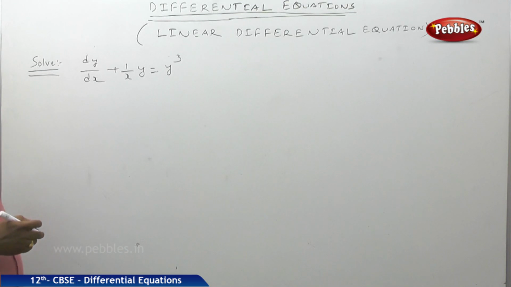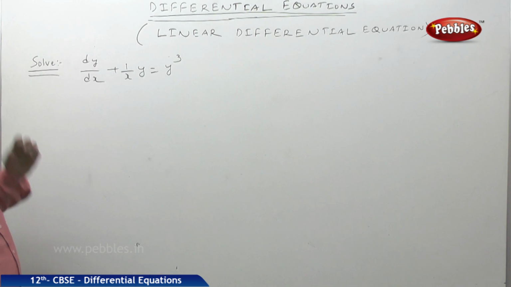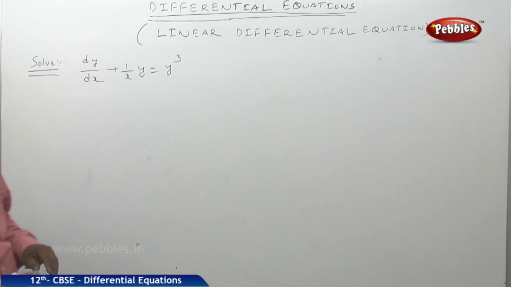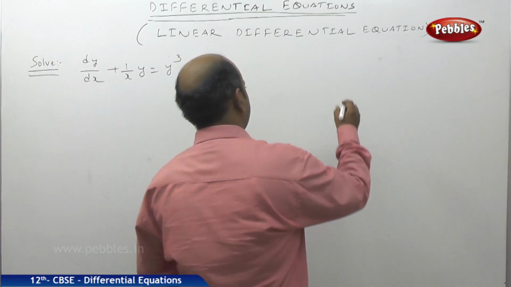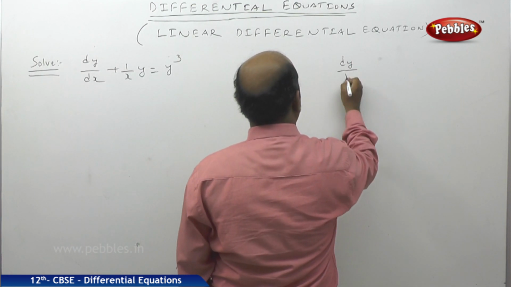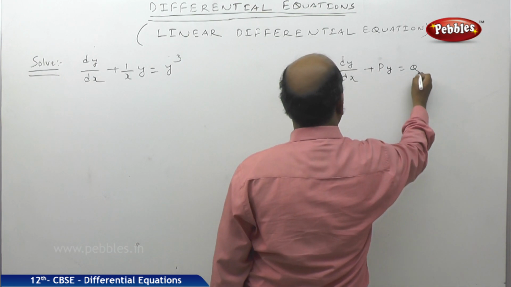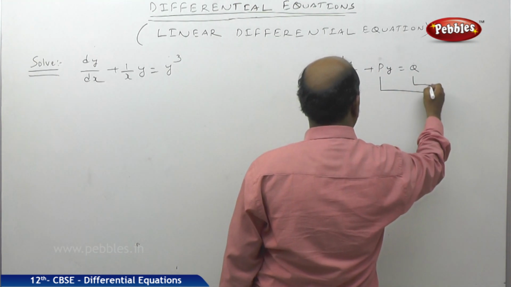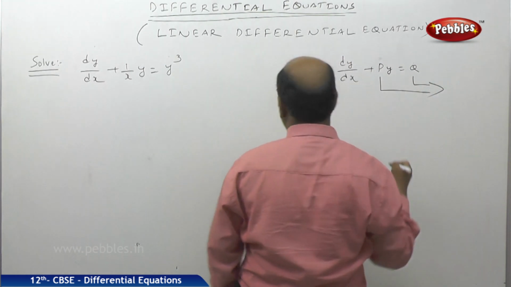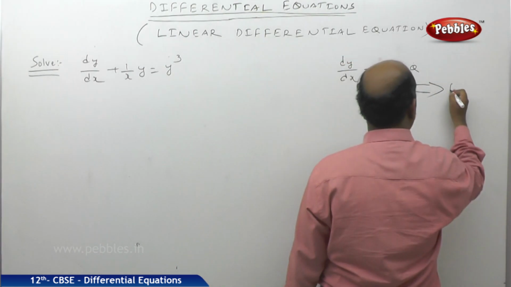Right, in continuation with our previous class, we are going to solve a topic called linear differential equation. A problem is given to us: dy/dx + (1/x)y = y³. Generally, a linear differential equation will be of the form dy/dx + Py = Q, where P and Q are functions of x alone.